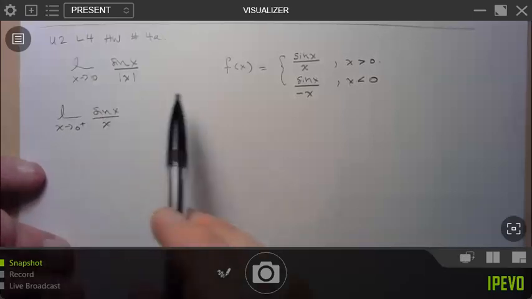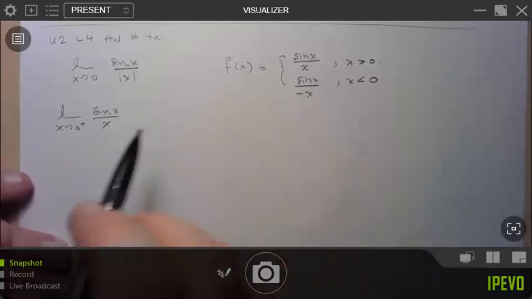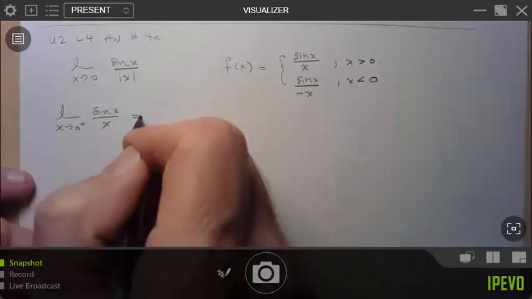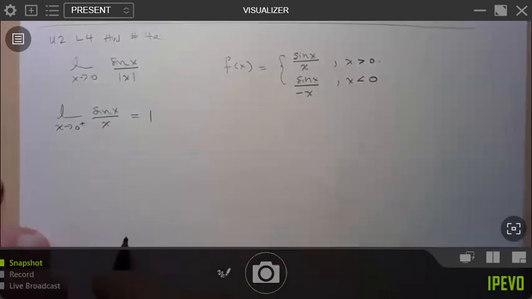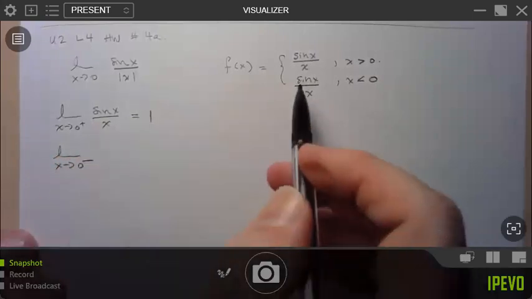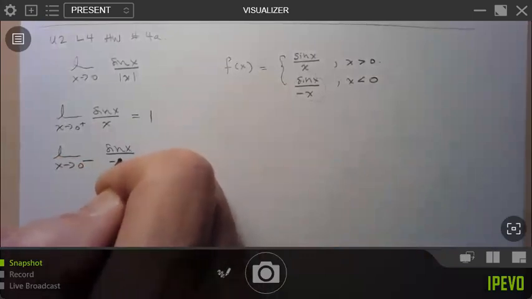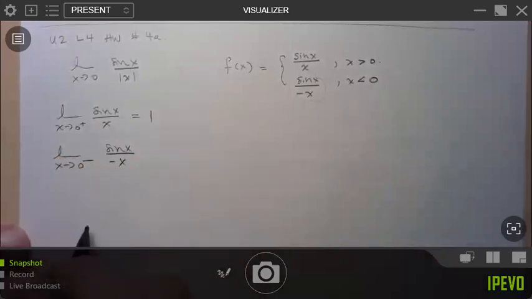And notice here, when x is greater than 0, I'm working with this equation. But hey, I know what this is equal to. That's just equal to 1. That's my special limit. But when I take the limit as x approaches 0 from the left, I have to work with that function. Okay. But I've got this -1 stuck there.